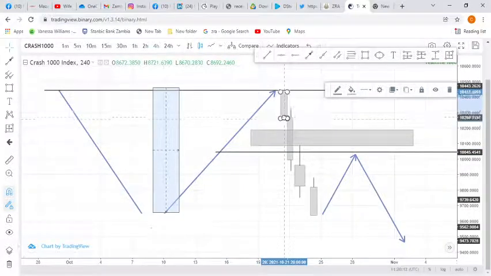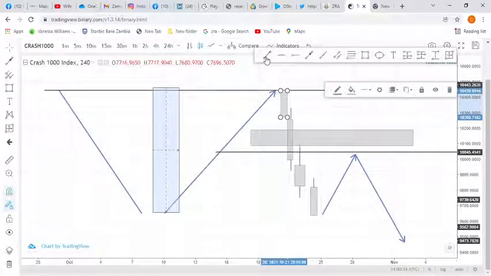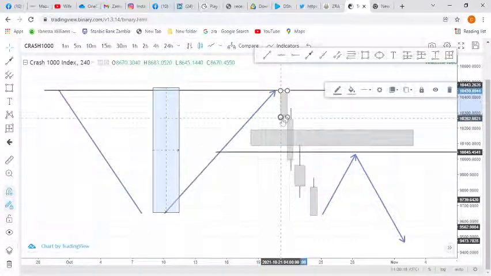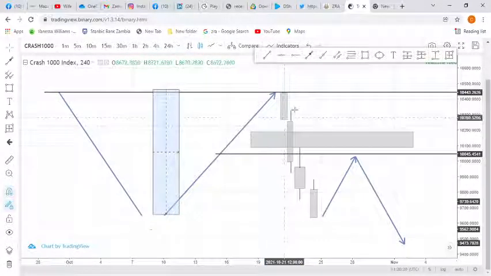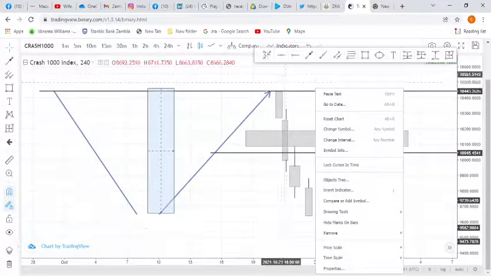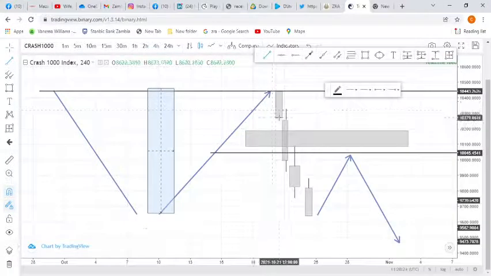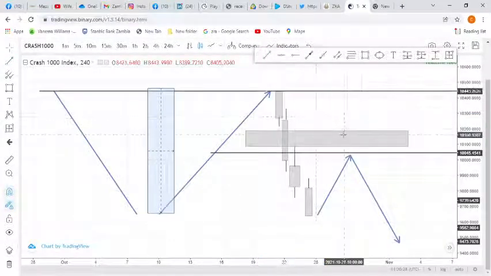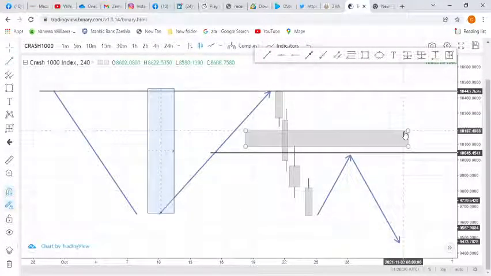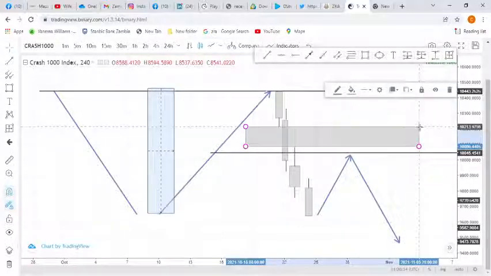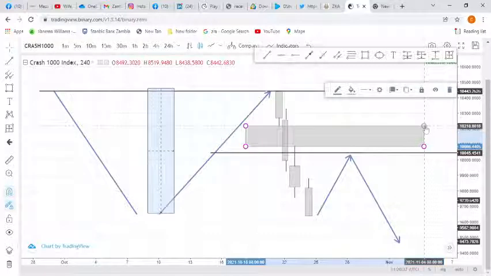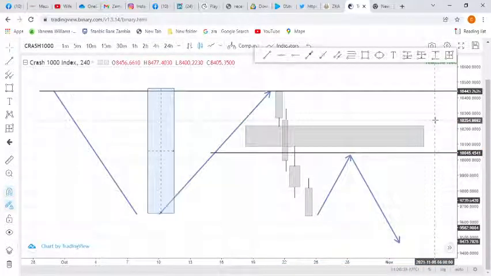This candle has a wick as well, and this candle has a wick there. You see?